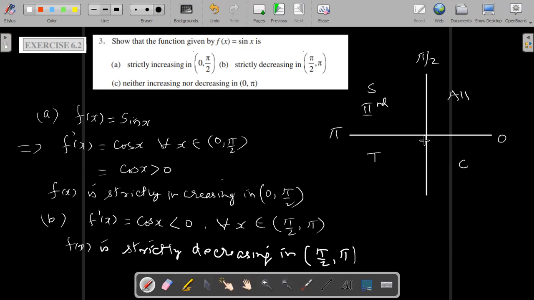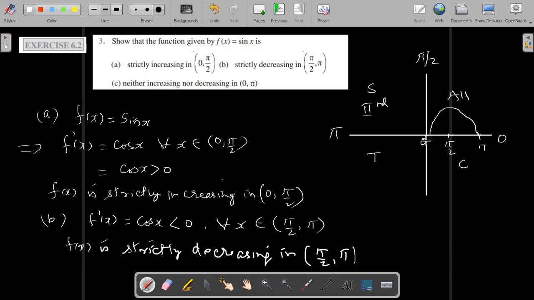So if you see the diagram, we have seen 0 to pi by 2 and pi by 2 to pi. In 0 to pi by 2 it is increasing, and from pi by 2 to pi it is decreasing.